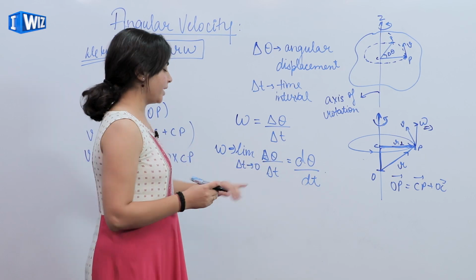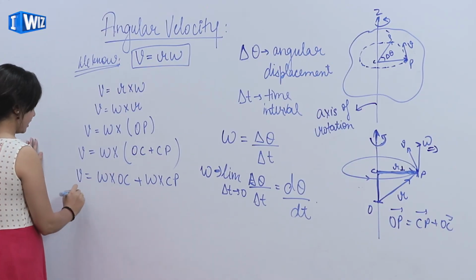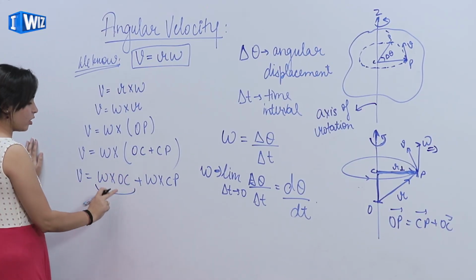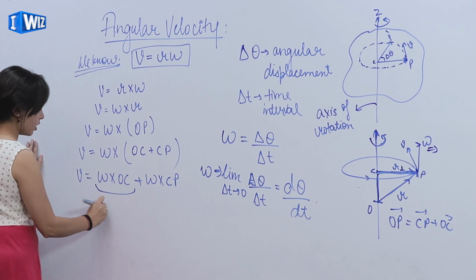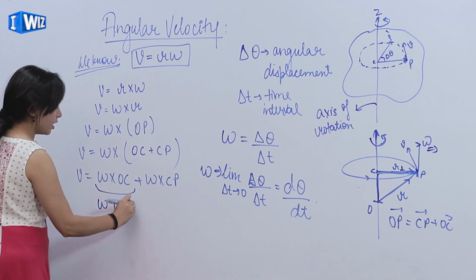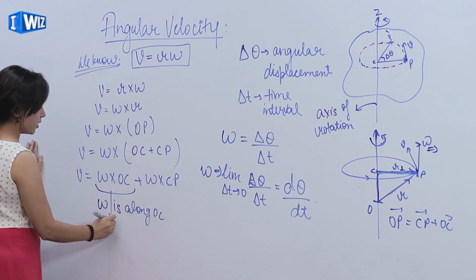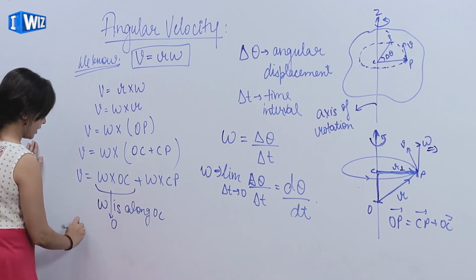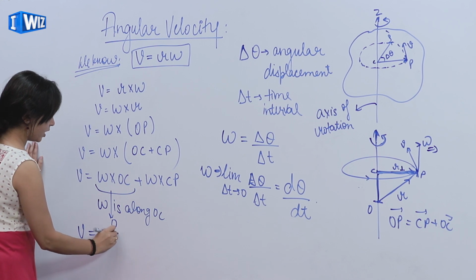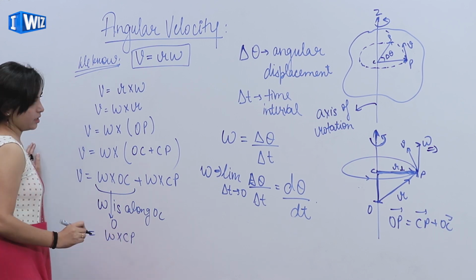Now from the diagram we'll see omega cross OC is 0 because omega is along OC. So this cross product goes 0 and v is omega cross CP.